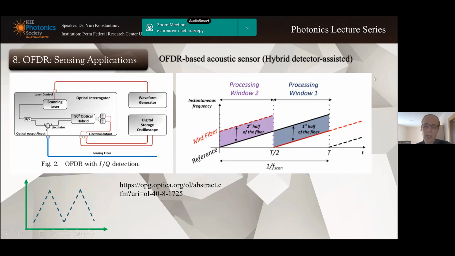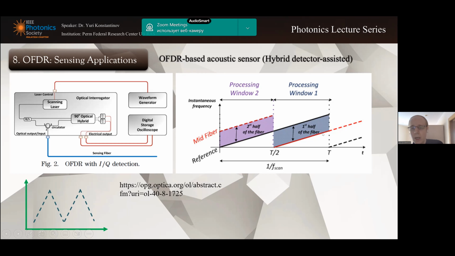In reality, we can use only one part of this sweep, the first part, and then the frequency decreases at very high speed, and after that we see another sweep. In reality, this decrease is not very fast, so it takes time. For example, like this, if you see the arrow.